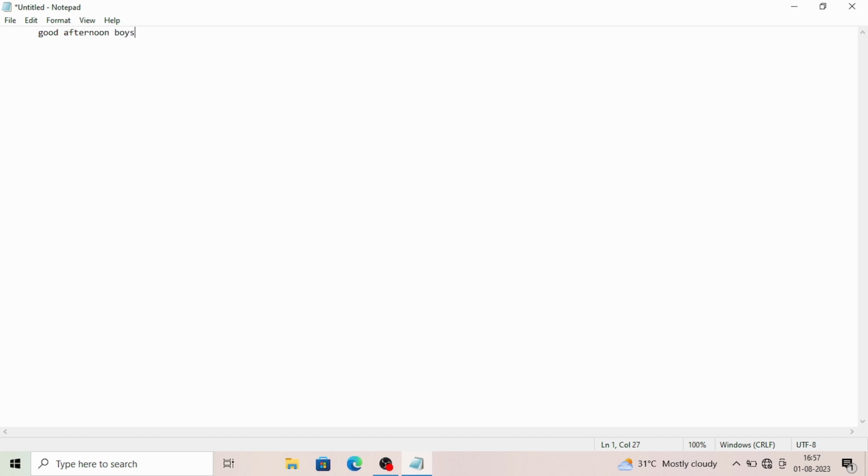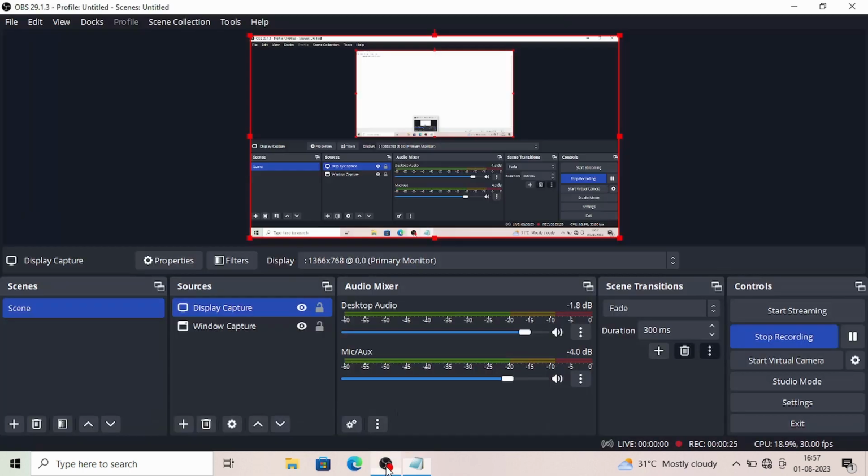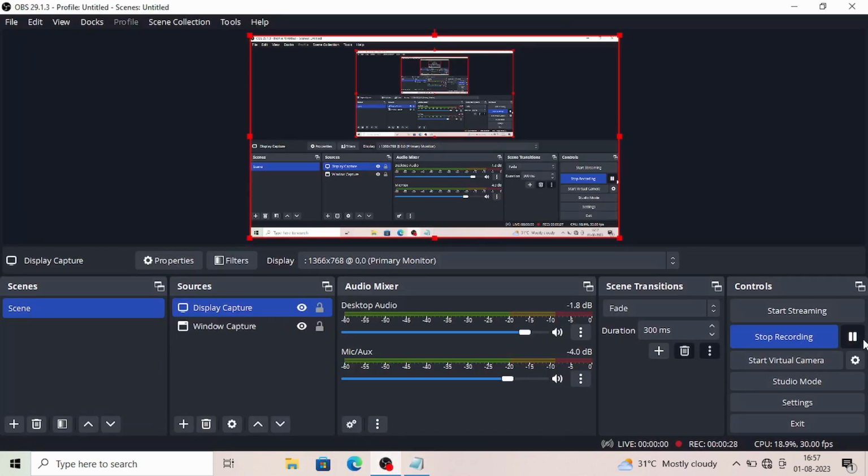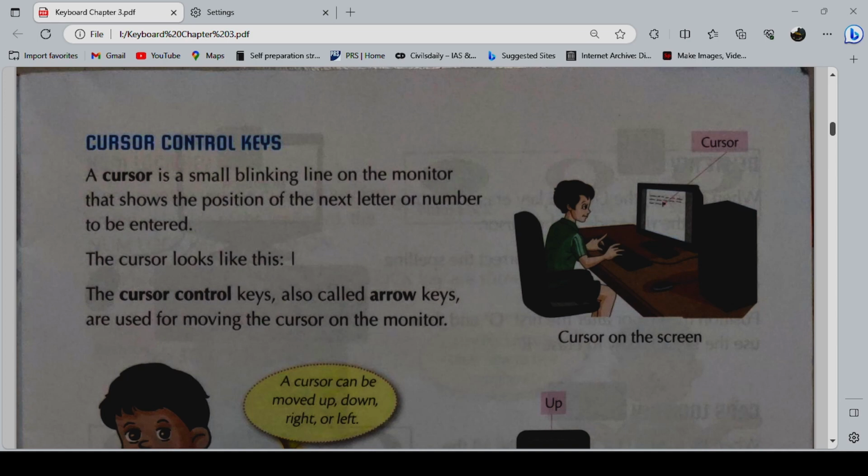As soon as I brought this pointer here, it stopped. That means when I type the next letter on the keyboard, it will get displayed over there. Okay, you see, I have written good afternoon boys, and this is the cursor where it blinks.